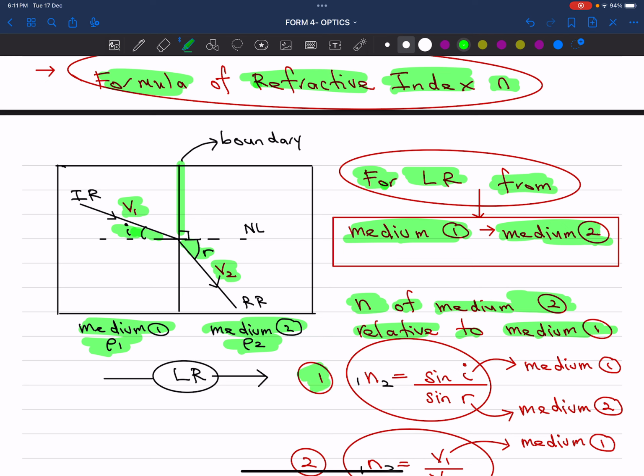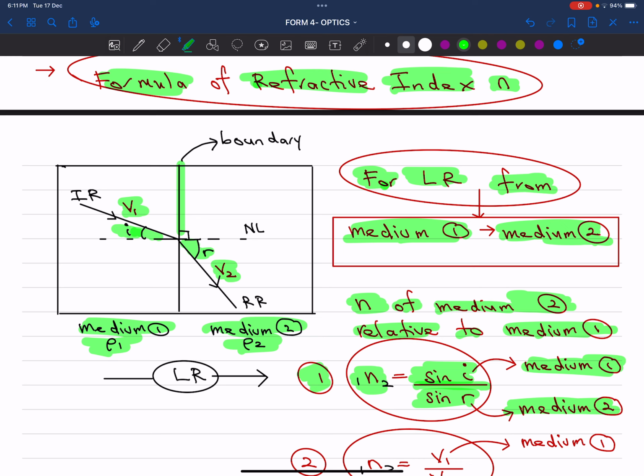The first formula we already learned in the previous lesson. n12 means it is the refractive index of medium 2 relative to medium 1, or light is traveling from medium 1 to medium 2. It is sine I, angle of incident in medium 1, divided by sine R, angle of refraction in medium 2.